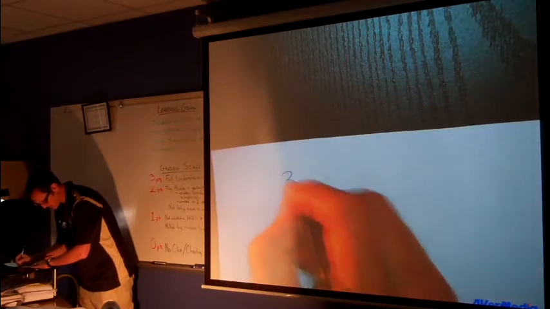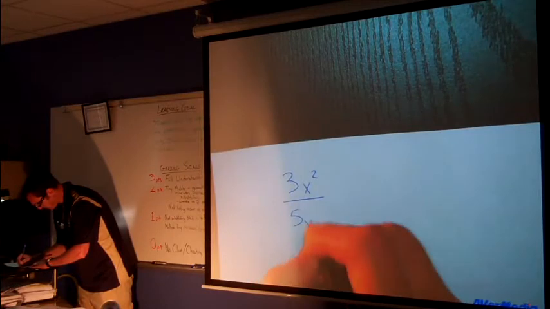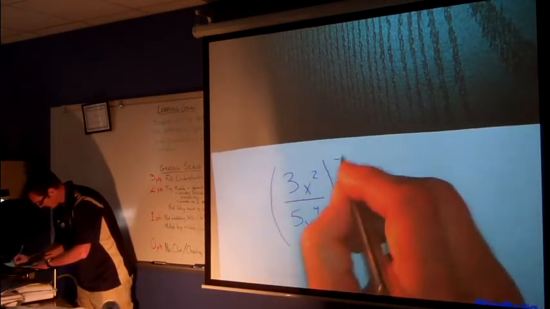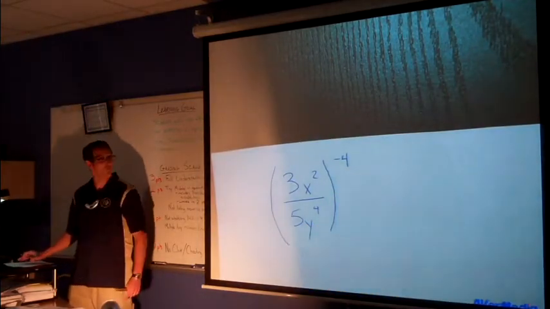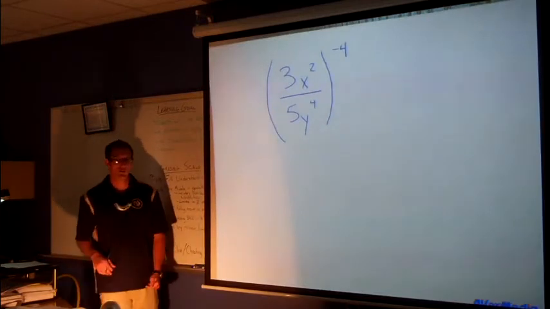Let's say we have something really tricky, like 3x squared over 5y to the 4th, but we have it raised to the -4 power. Now there's a million things that we can do with this to get it correctly.